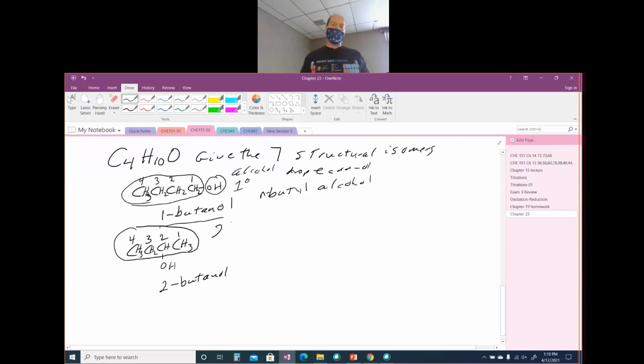So this is a secondary alcohol. Which is good because it's still a butyl group, and so it is a sec-butyl alcohol, because that is the sec-butyl group.